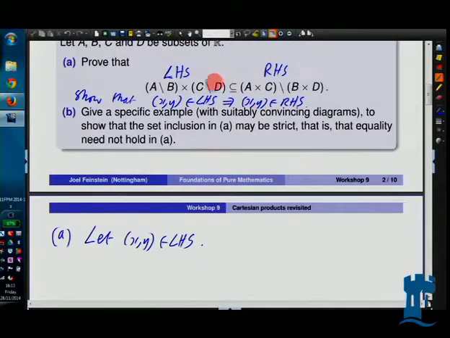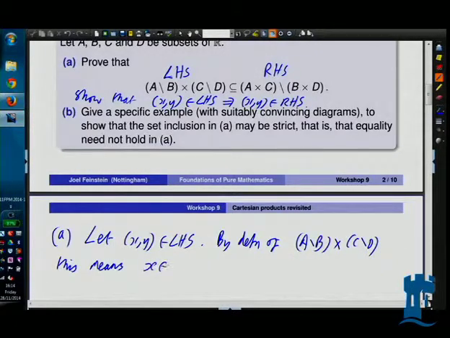Then by definition, that means that x is in A take away B, and y is in C take away D. So by definition of A take away B cross C take away D, this means x is in A take away B, and y is in C take away D.